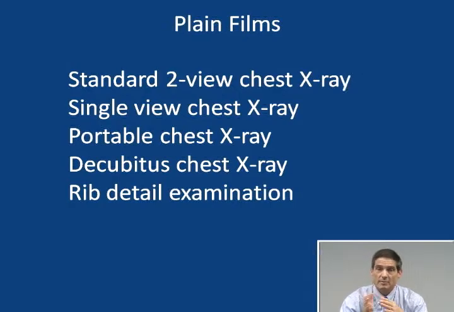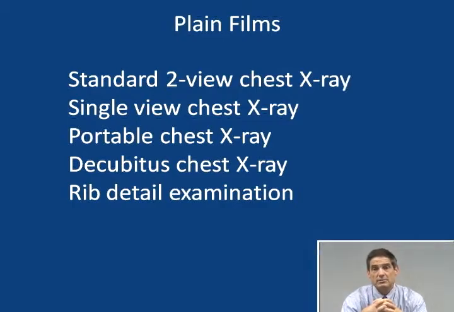Decubitus chest exam with the patient on one or the other side. Those were typically performed in the past to evaluate free-flowing fluid or small amounts of air and to see whether that would go to the dependent portion of the chest or not. Not very frequently performed anymore, frankly, because those have kind of been supplanted by chest CT exams.